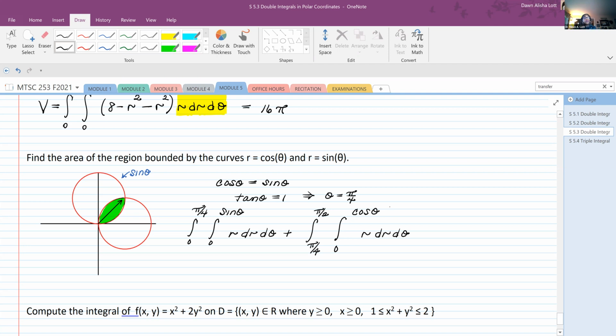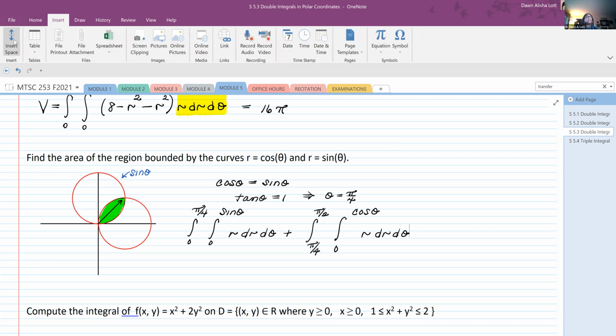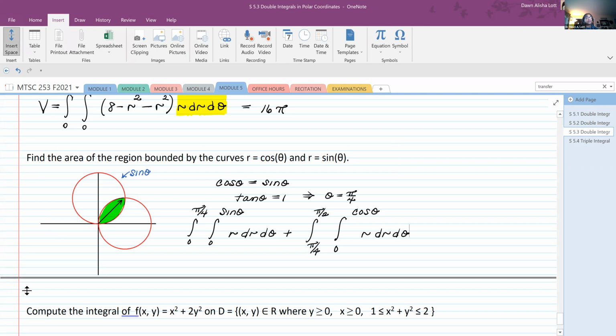But I'm going to use the fact that the area on both sides of pi over 4 is the same, so I'm going to make myself nice and happy and just double that first interval.